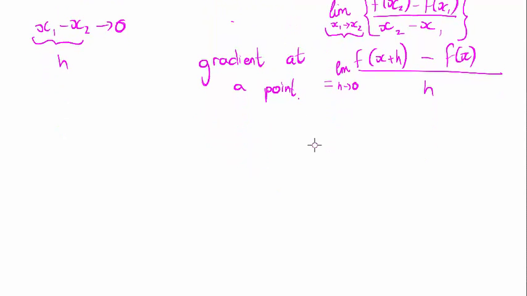Okay, now the gradient at a point is called the derivative. Does it make sense?